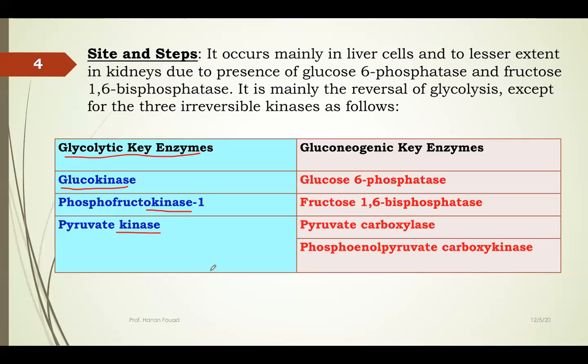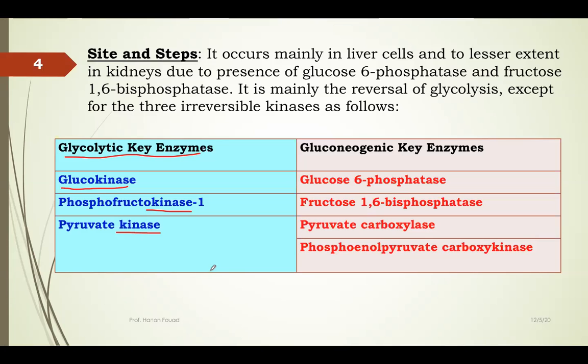When a person stops feeding for several days, there will be no glucose in the diet, no sources of glucose, so the body breaks down the muscle protein to synthesize glucose. The body also breaks down the lipids, which contain fatty acids and glycerol, to make glucose, but this is to a lesser extent, mainly from the proteins.